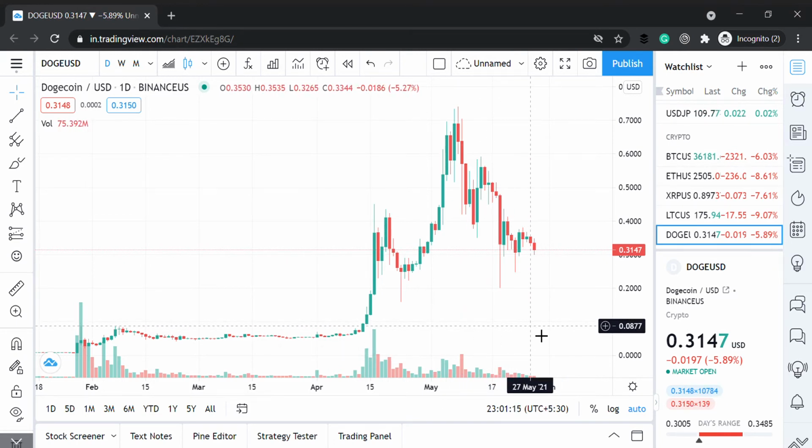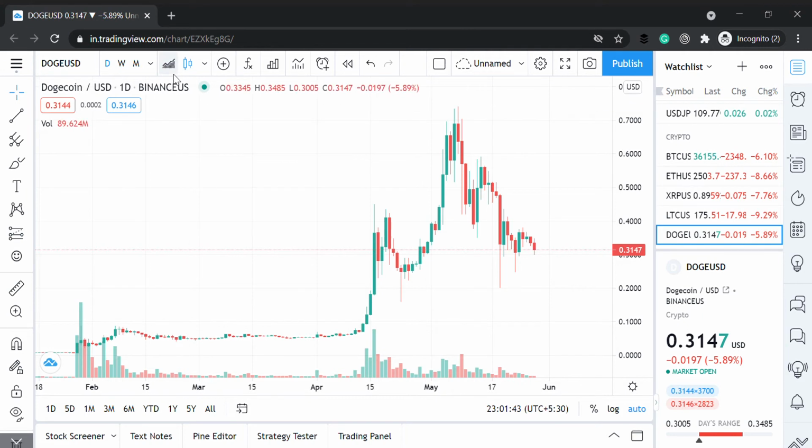And when you see 27th May, yesterday's volume, you can easily see that the volumes are 75.392 million, and today's volume is 89, only 10 million more than yesterday's volume, but not a good healthy volume when we do the comparisons.